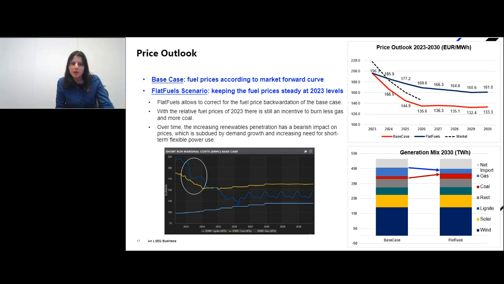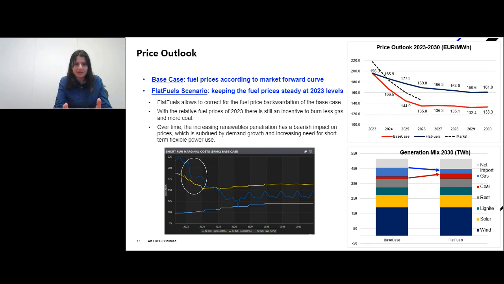So what we see is, first of all, and it's also shown here in the SRMCs for coal versus gas, that coal is relatively cheaper compared to gas in the historical comparison. And that's why right now we have coal capacity being maxed out, because it's relatively cheaper.